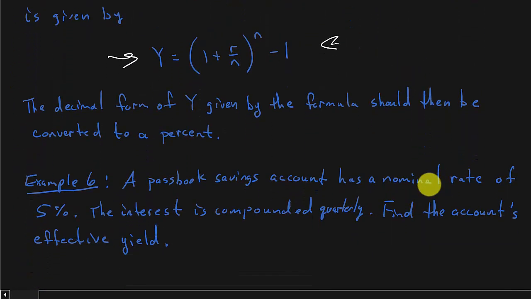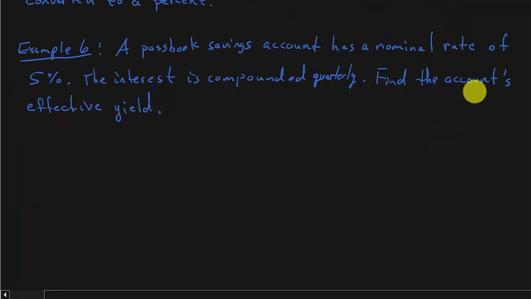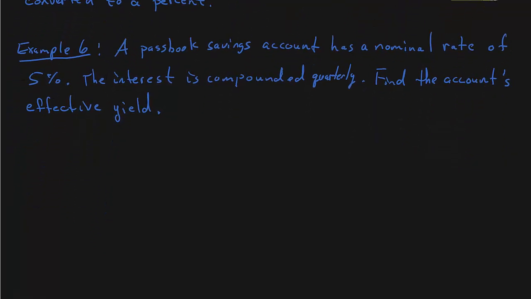All right, so let's take a look at this example 6 here. A passbook savings account has a nominal rate of 5%. The interest is compounded quarterly. Find the account's effective yield. So let's write our formula down first.